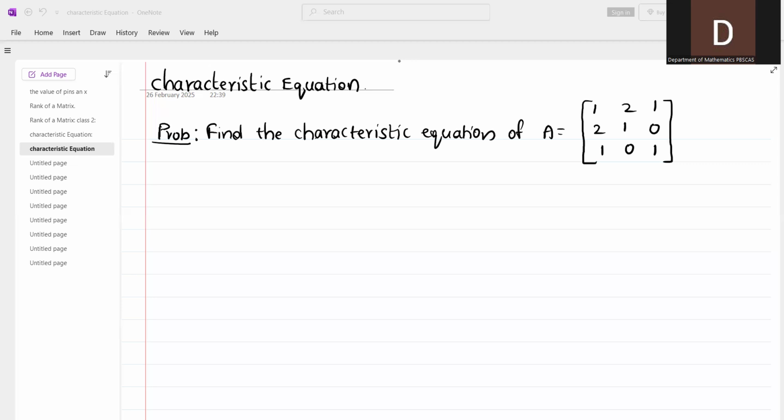It helps find the eigenvalues of the matrix.